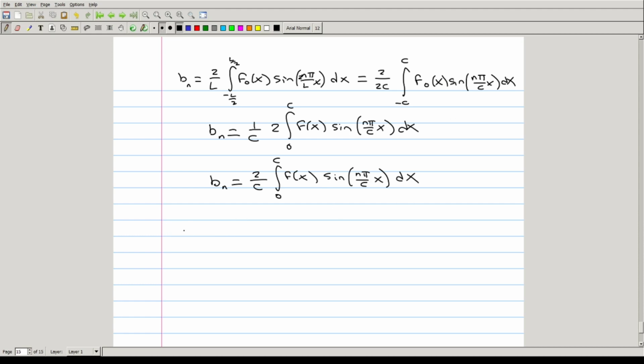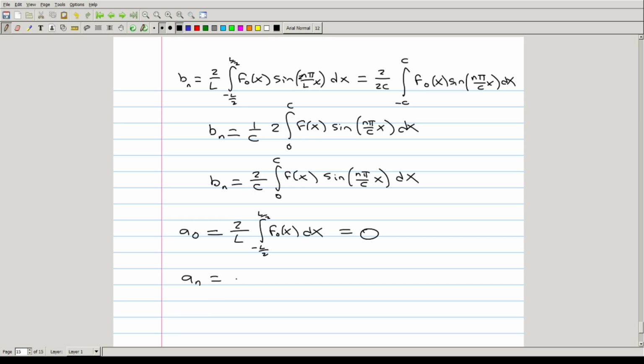And likewise, if you calculate a naught, because f odd of x is odd, this is 2 over L integral from negative L over 2 to L over 2. Because f odd is an odd function, this integral will be 0.